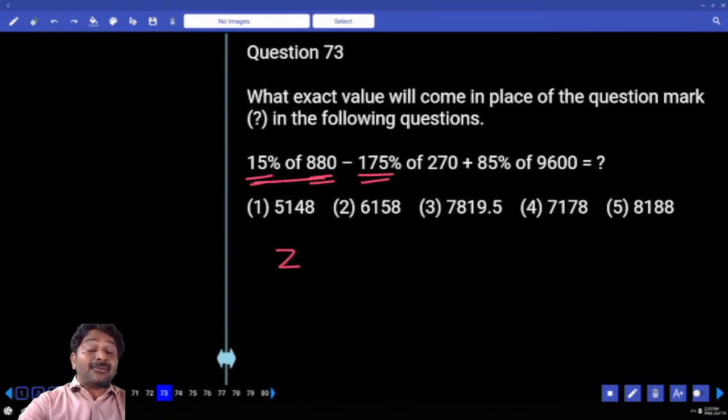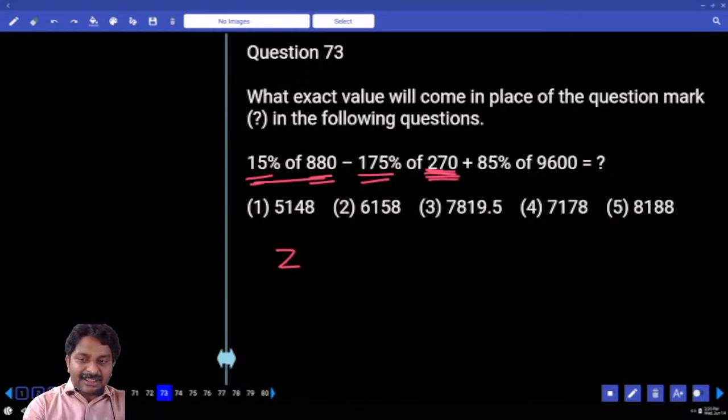175%. Can I take 175% as 200% minus 25%? 200% integer, integer only. Right. 25% we have to calculate. What is half of this number? 25%, half plus half. What is half? 135. Again half. Integer or decimal?